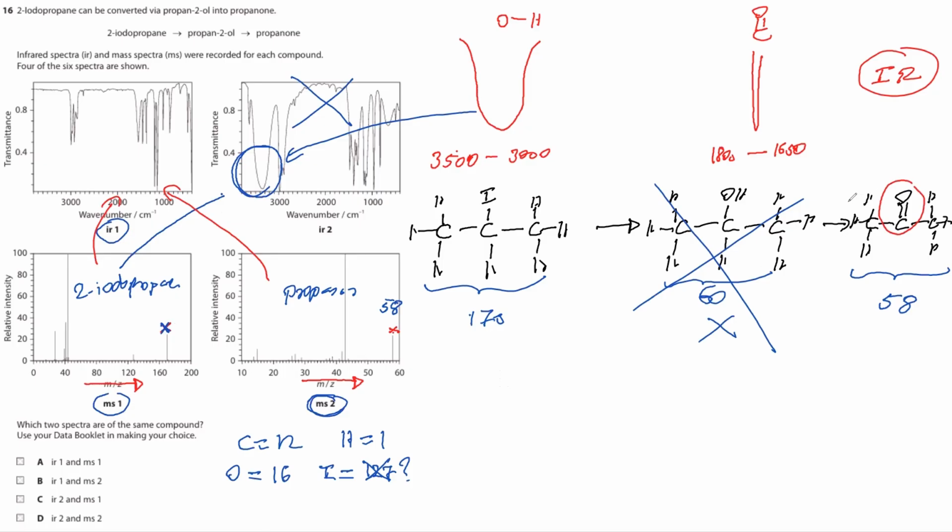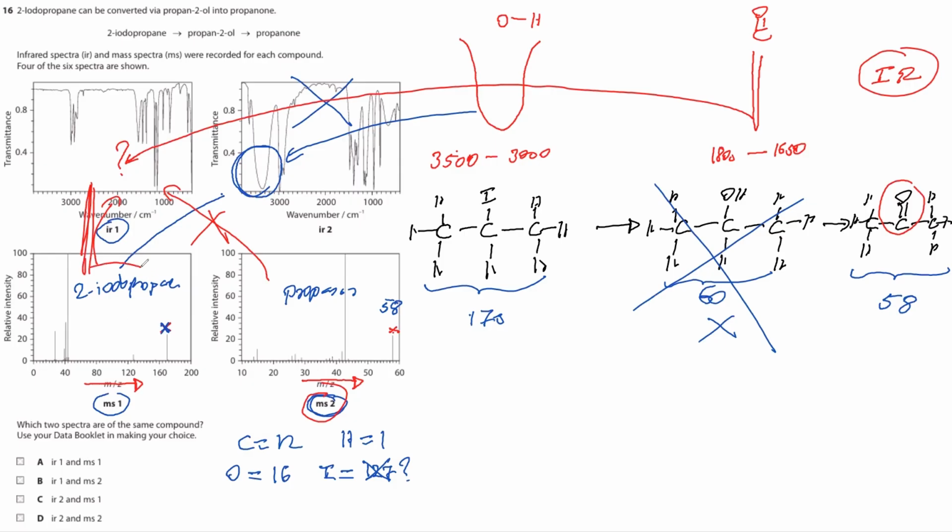Propanol has a carbon oxygen double bond, which means I should expect a sharp peak around 1800 to 1650, which I can't find. So this mass spectrum 2 does not go with this IR spectrum. Therefore, the only option I am left with is iodopropane going with this one. So mass spectrum 1 goes with IR spectrum 1.